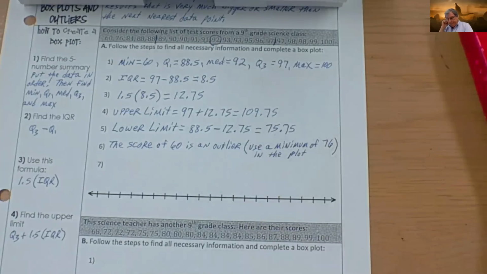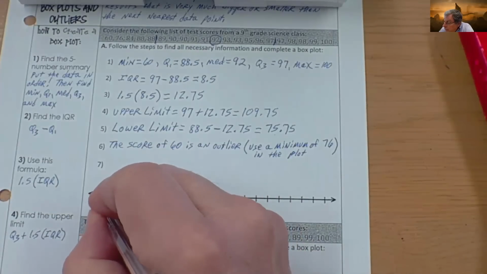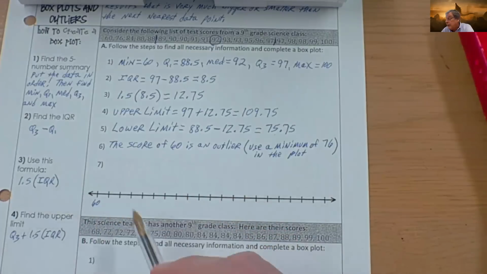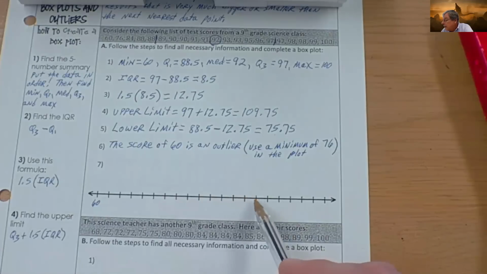Step 7, make the box plot. We go 60, 2, 4, 6, 8, 70, 2, 4, 6, 8, 80, 2, 4, 6, 8, 90, 2, 4, 6, 8, 100.